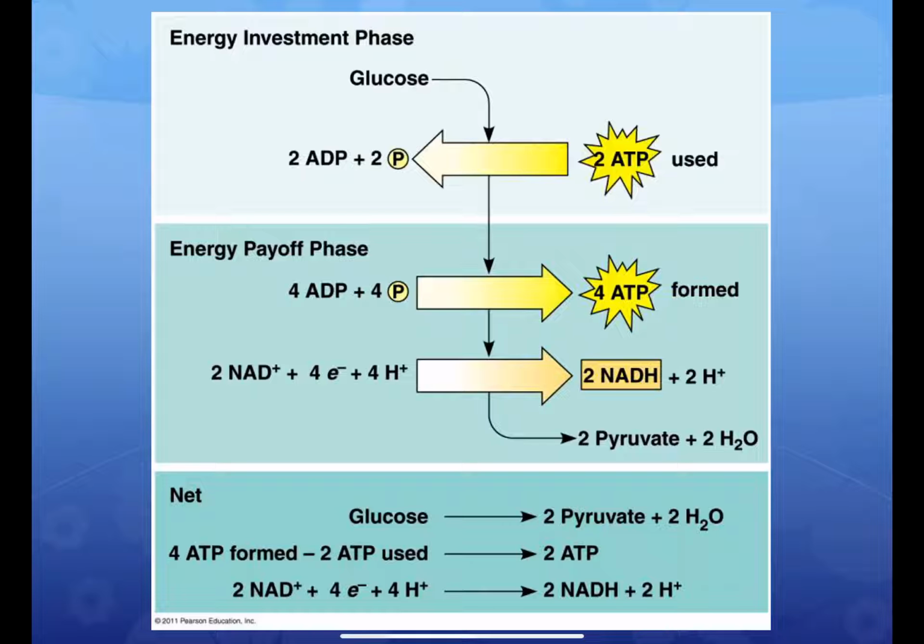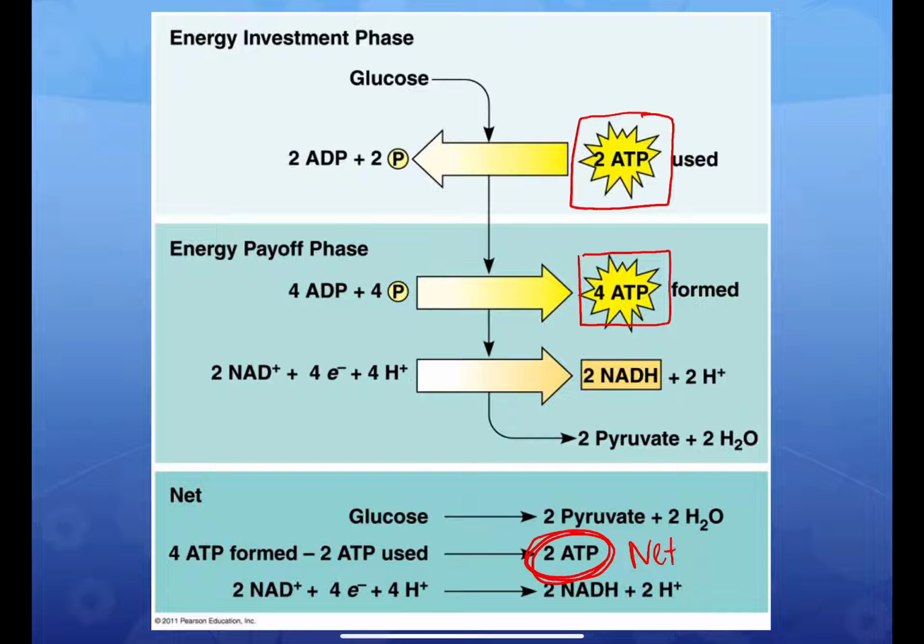And the same is true for glycolysis. It takes 2 ATPs to get glycolysis started, to break down that glucose molecule. But ultimately, the process of glycolysis forms 2 ATPs. So glycolysis nets 2 ATPs.